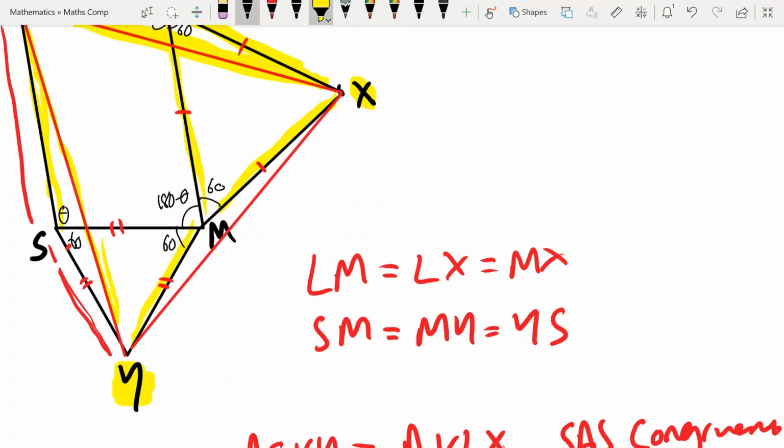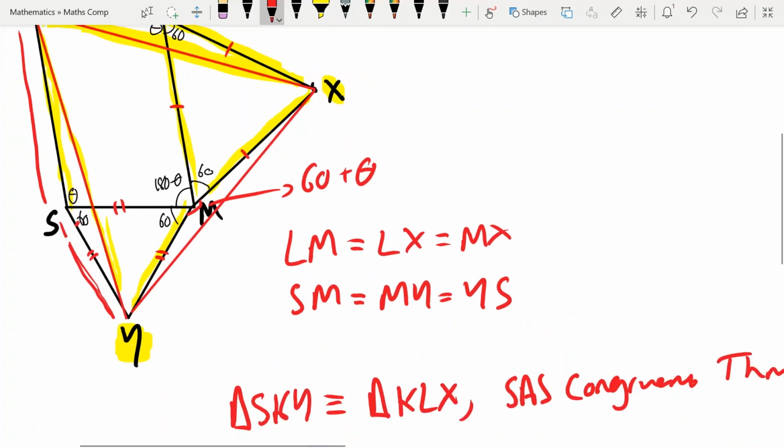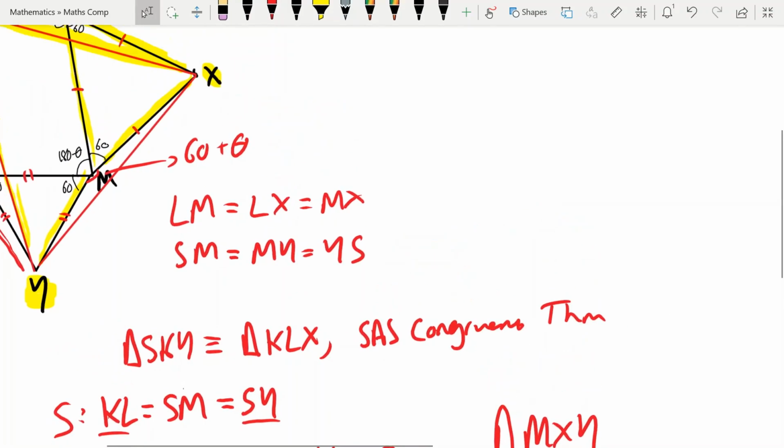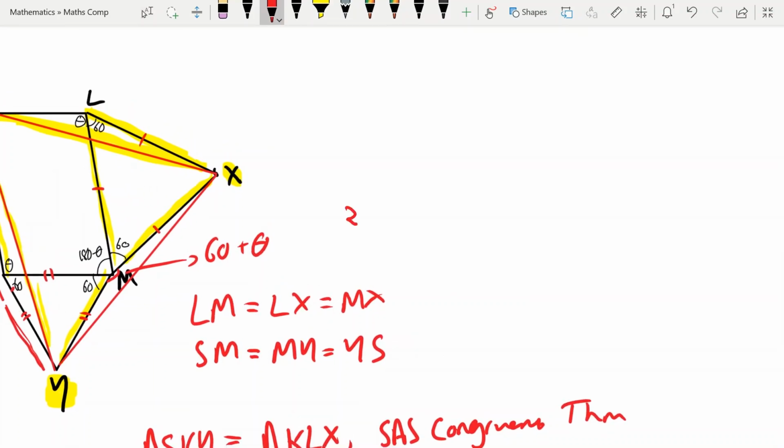And considering angles around a point, this comes out to be 60 plus theta as well, at least I think it does. It equals 360 minus 60 minus 60 minus 180 minus theta. Therefore, this is 60 plus theta.